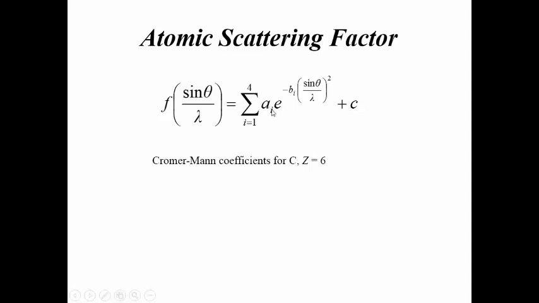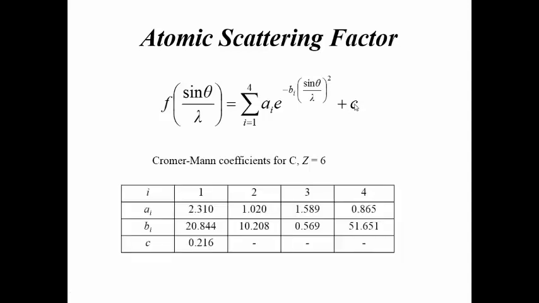A sub i goes from 1 to 4, B goes from 1 to 4, and there's 1 C. So we have 4, 4, 1: 9 coefficients. We're fitting the curve with 9 coefficients. So for example, for carbon, here are the 9 coefficients that we put into the Cromer-Mann formula up here, and we produce this, a function of sine theta over lambda.